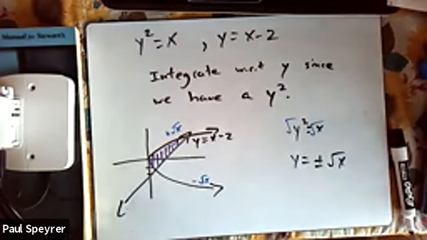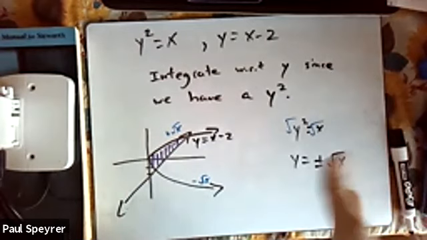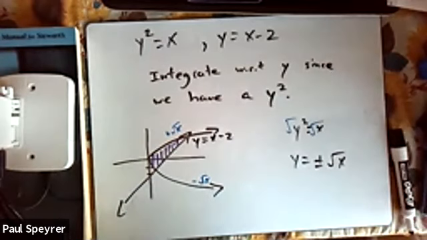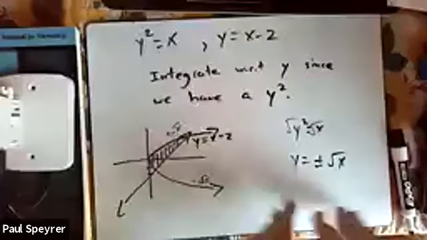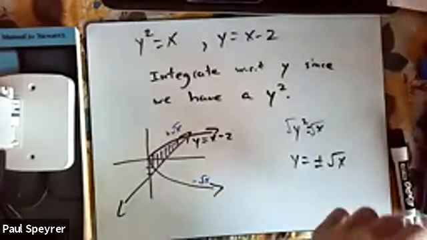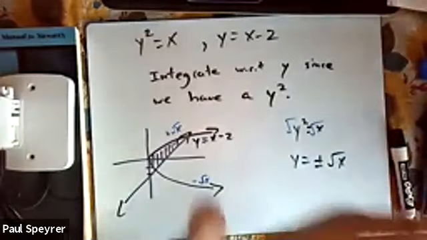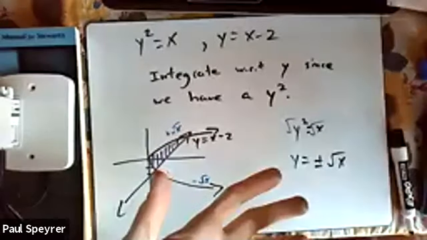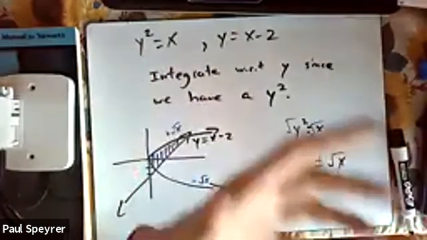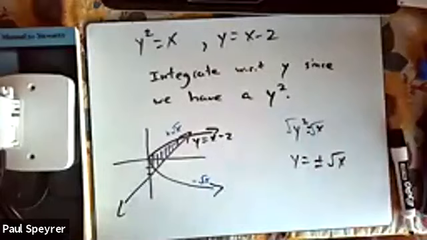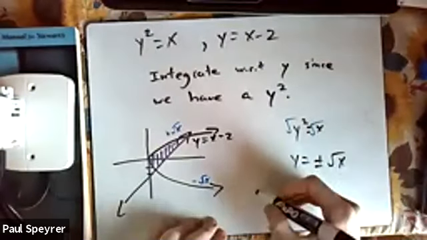We still set the equations equal to each other, but remember, before we were integrating with respect to x, so we had a bunch of x equations equal to each other. Now we're going to have a bunch of y equations equal to each other. So where are they going to intersect?